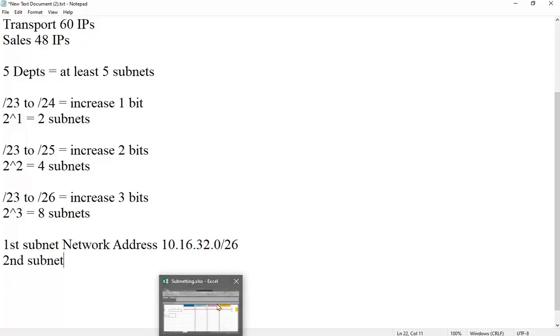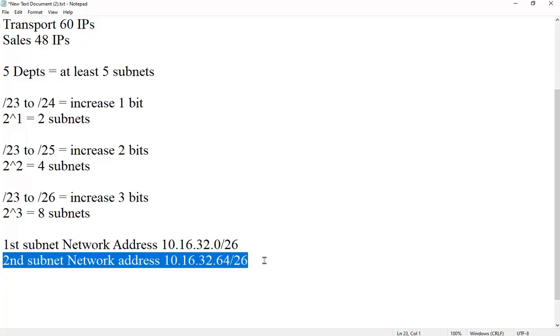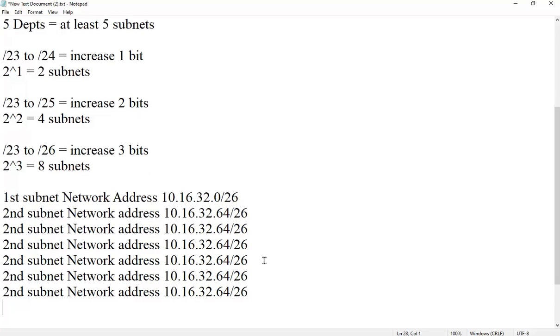By knowing the bit value that we use for that second bit of the 4th octet, which is 64, it means that from 0, I need to increase by 64. So from 0 it will become 64, with the subnet mask /26. You just need to keep adding 64 for all the different 8 subnets.